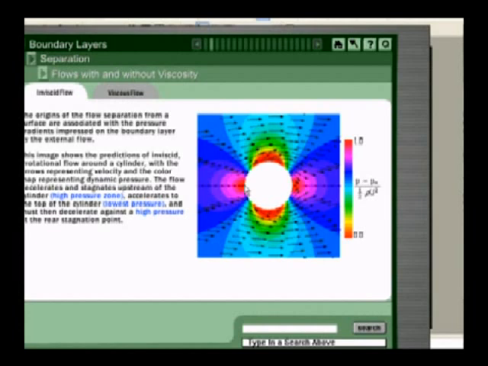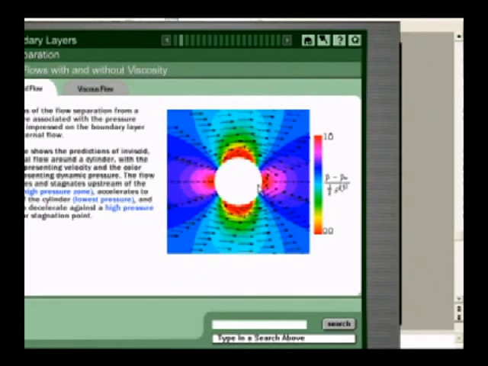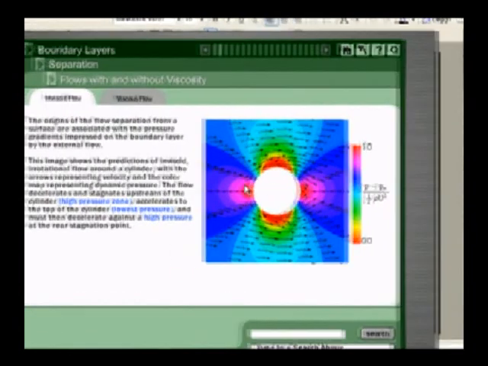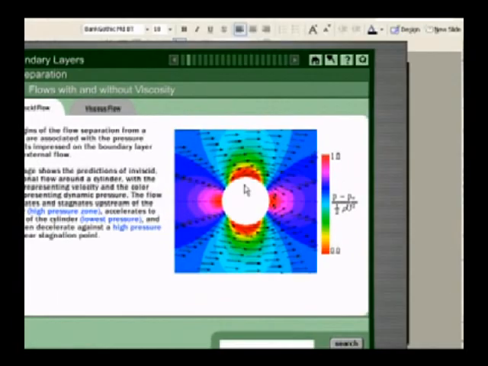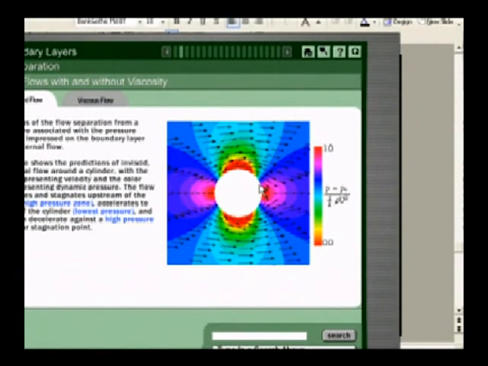When velocity is increased, then pressure is changed, right? But there is no separation. So whatever pressure is here, the same pressure is here, and whatever pressure is here, the same pressure is here, and this cylinder is not subjected to any force due to pressure difference.